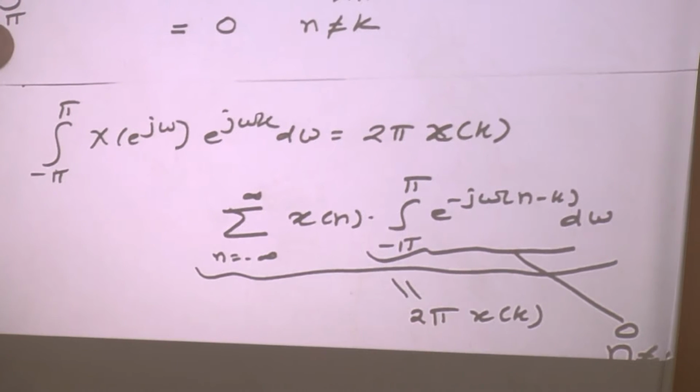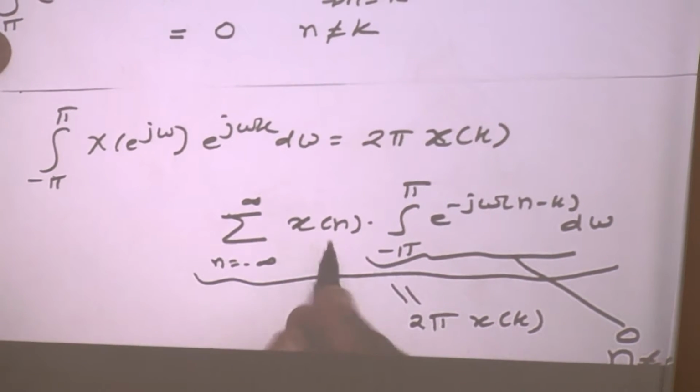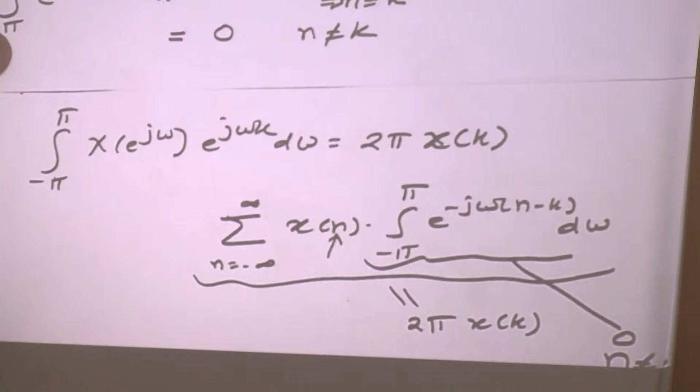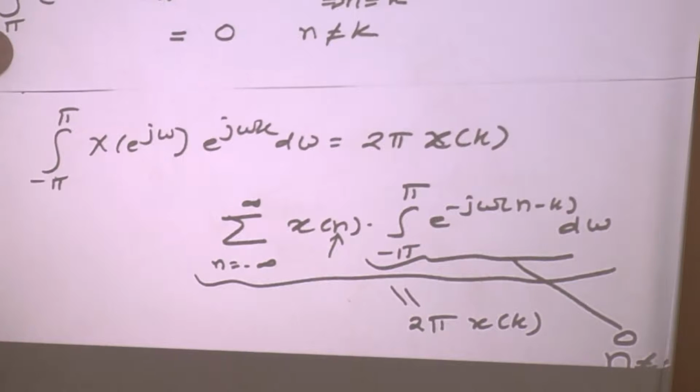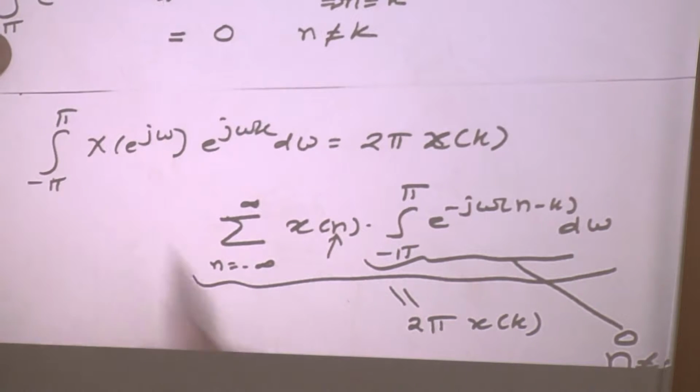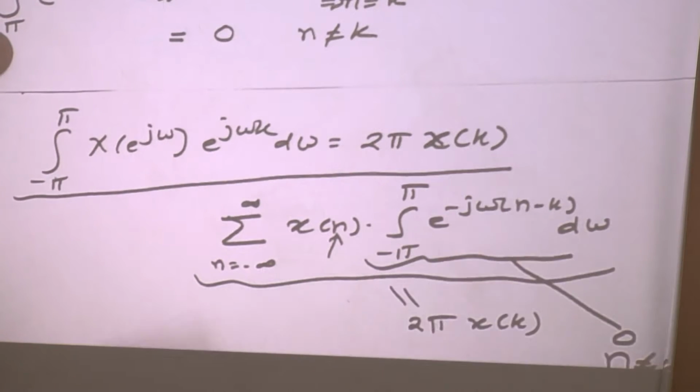That means it is only non-zero for n equal to k. So in this I replace n with k, that is all. So only one value in this summation exists. What is that one value? It is x of k, x of n for n equal to k, or x of k. That is why I can write like this.